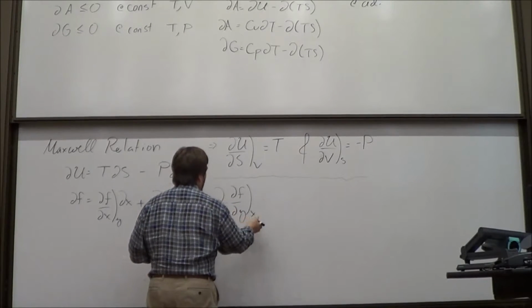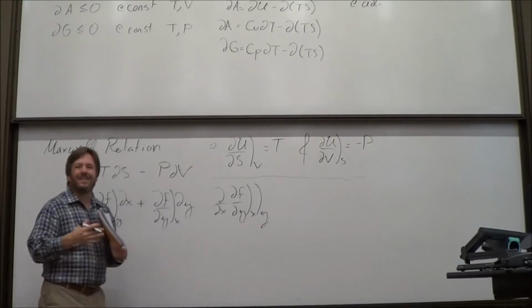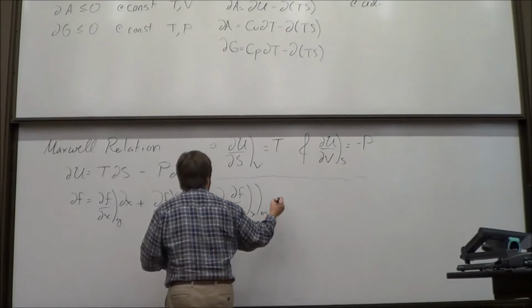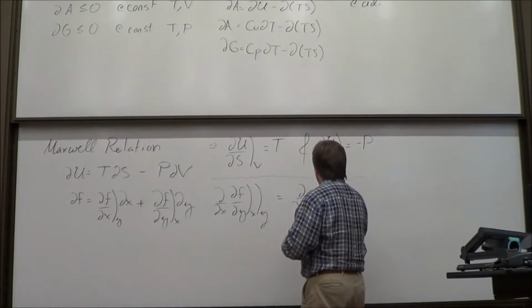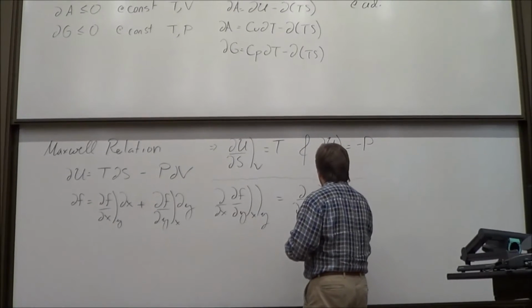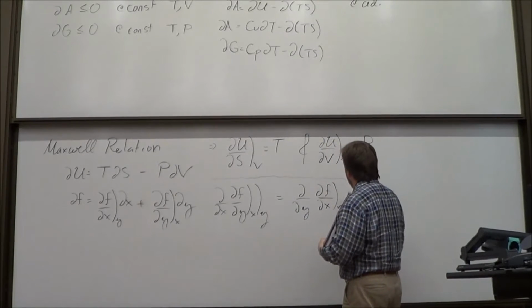I'm just writing this down randomly. Don't forget that, unfortunately, this little funky notation does matter. So again, I can permute the order of differentiation. It just seems like a math trick, but it's not a math trick when X's and Y's mean something.